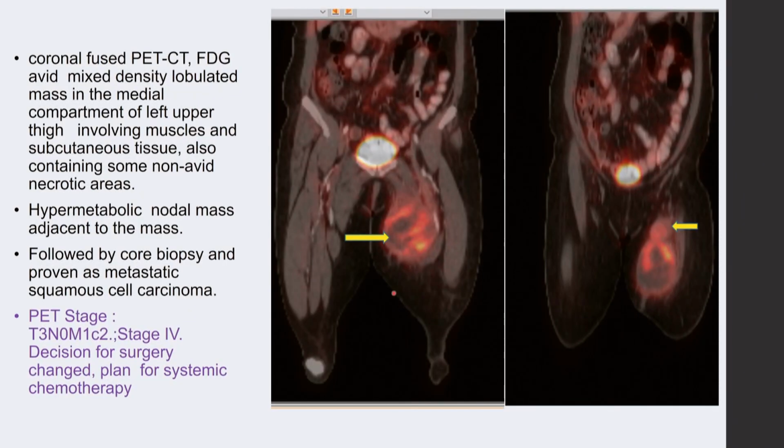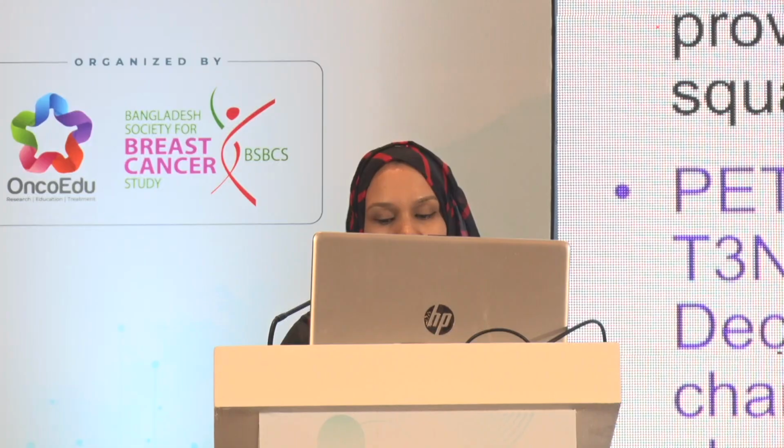We reported it as a metastatic lesion, and it was confirmed by histopathology as metastatic squamous cell carcinoma. So the patient in the baseline scan has stage 4 disease, and the decision for surgery changed, with a plan for systemic chemotherapy.